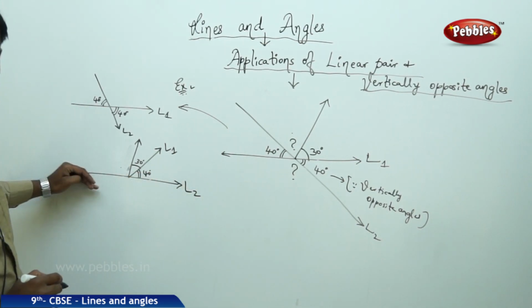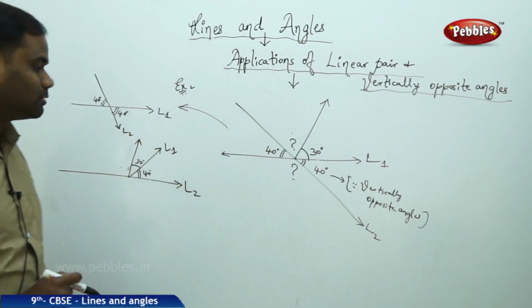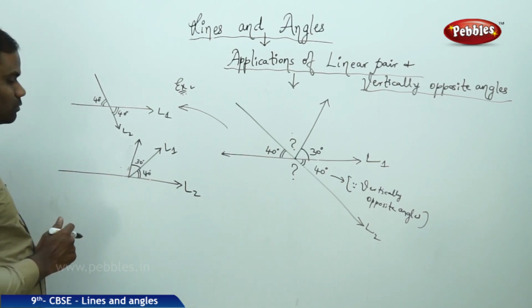This being a straight line, the sum of all three angles must be 180.